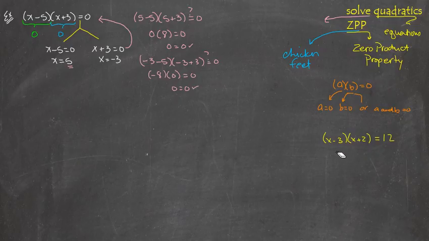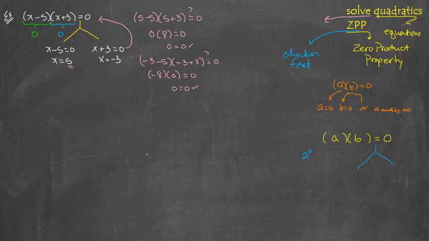The zero product property requires that you have an A and a B, something A, something B, and they have to equal 0. If they don't equal 0, you can't use the zero product property. Also, whenever you solve a quadratic, because they're second degree polynomials, right? Second degree polynomials, you can come up with two answers.